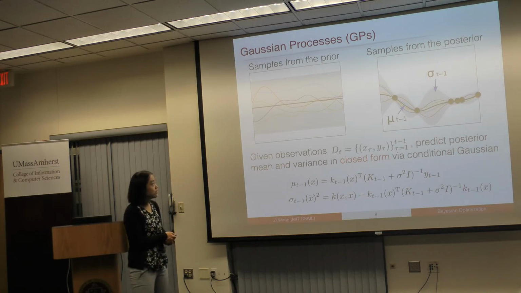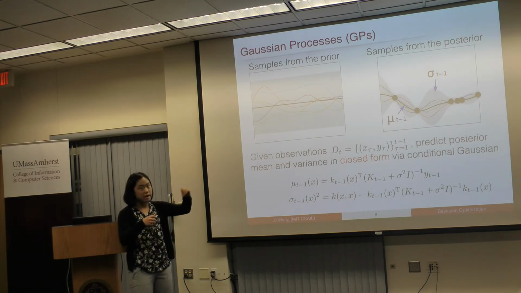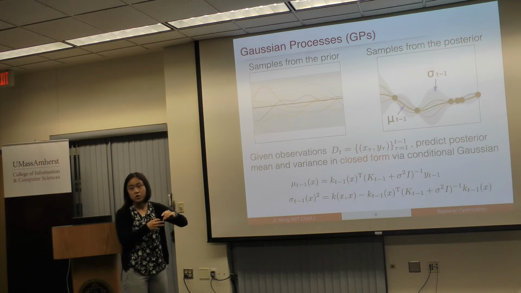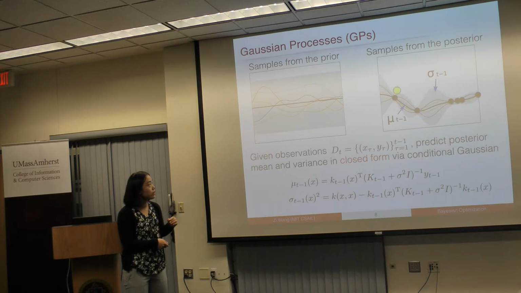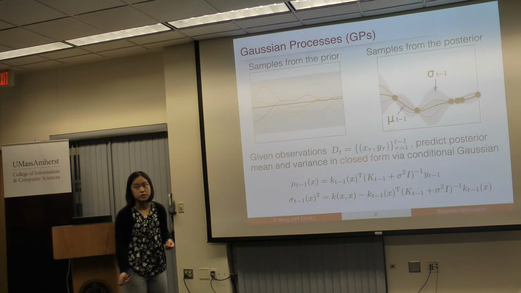For the posterior Gaussian process, you can see that by conditioning on these black dots, the observations, we essentially pin down our uncertainty in those regions. For regions where we don't have many observations, we still have high uncertainty. That also agrees with the samples we have from this particular distribution.